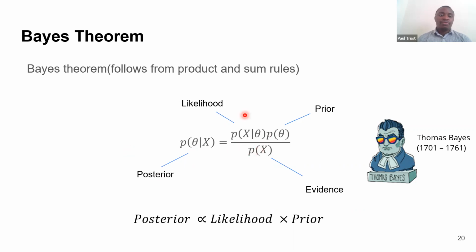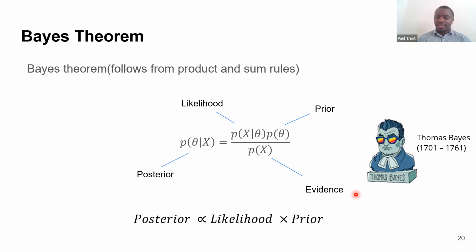If our parameter of interest is theta, P of X is independent of theta, so it's a constant. That means the posterior is directly proportional to the likelihood times the prior. This is a very important equation.